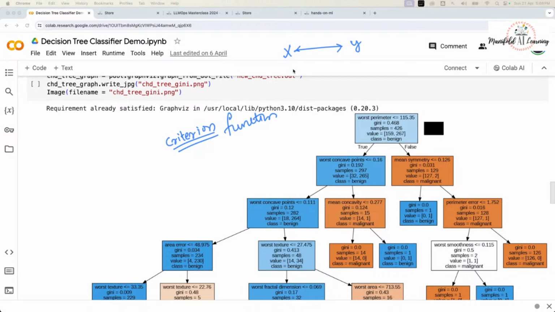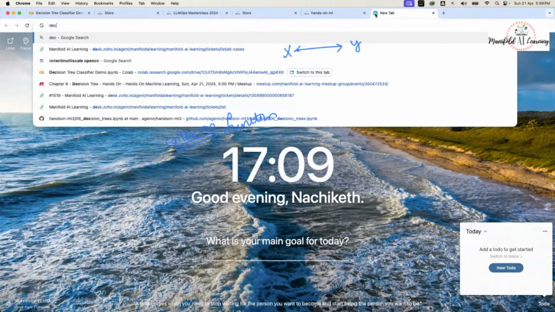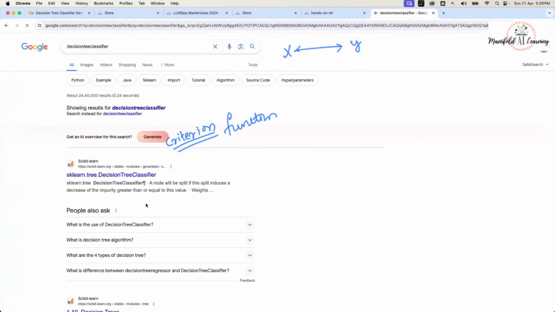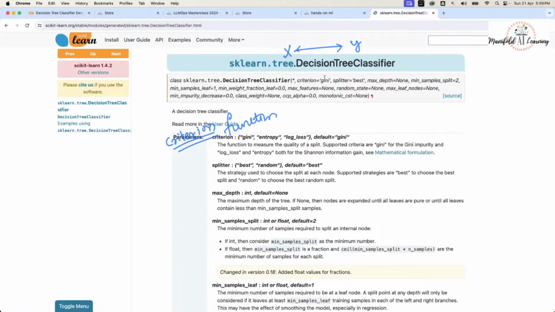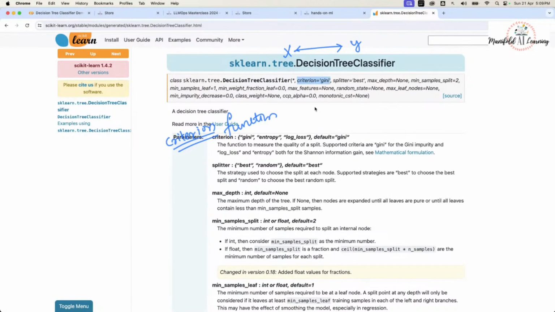So let's look into the criterion or loss function that we have when we are creating decision trees with the help of the decision tree classifier. I'm going to open up the documentation page of this decision tree classifier. This is the official documentation page. If you look at it from the criterion standpoint, we have something called Gini. Gini means the Gini impurity index.